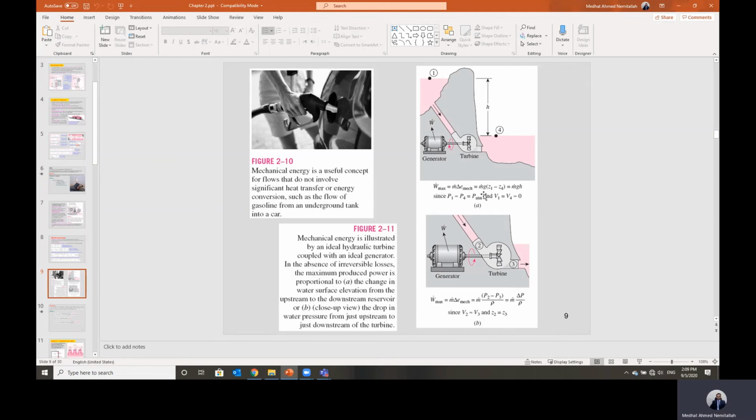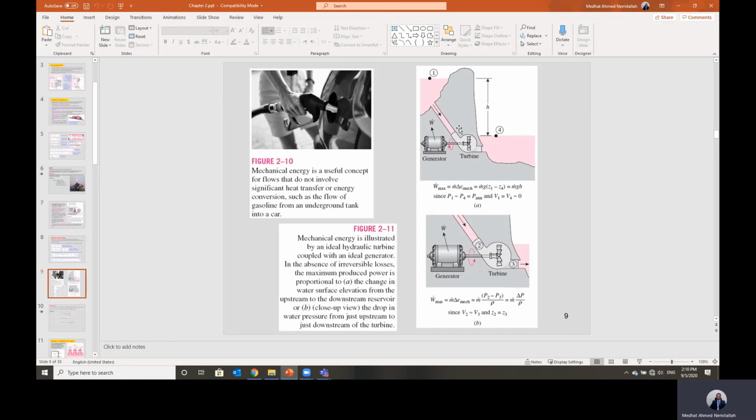We call it work maximum because in this case we assume all of the fluid energy will be converted into mechanical shaft power. So the maximum work, or the fluid power, will equal m dot multiplied by the change delta E mechanical between point 1 and point 4. At point 1, at the surface of this fluid, the pressure is atmospheric.